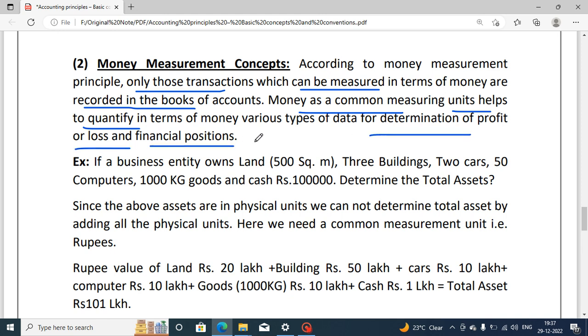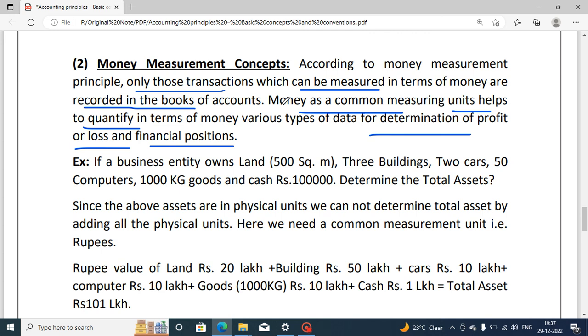So there are many units of measure, like pieces. Suppose you have 50 computers, then 50 pieces is the unit of measure. Suppose you have 1000 kg of raw material, here kg is a unit of measure.